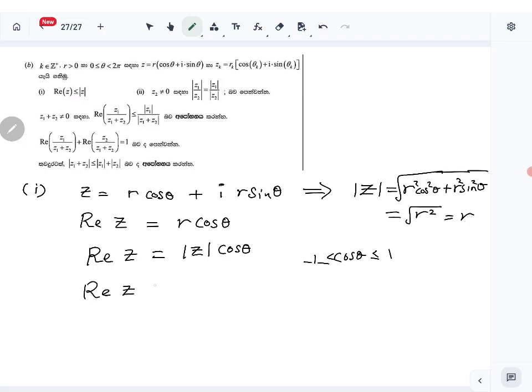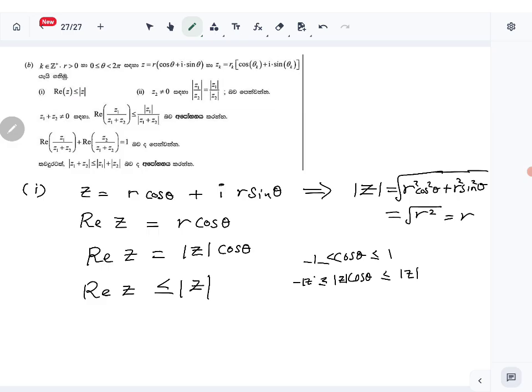So then we know what? Real Z has to be what? Less than or equal to modulus Z. Because you can multiply this equation by modulus Z. So you will end up with what?